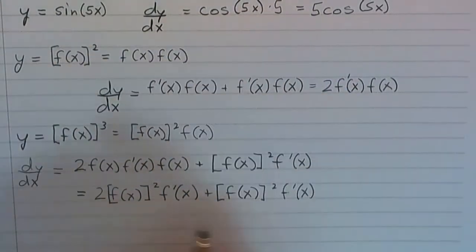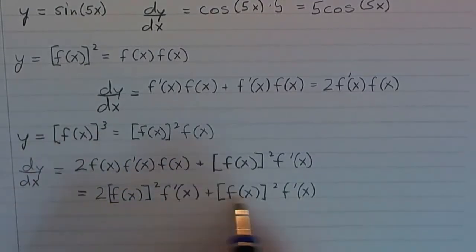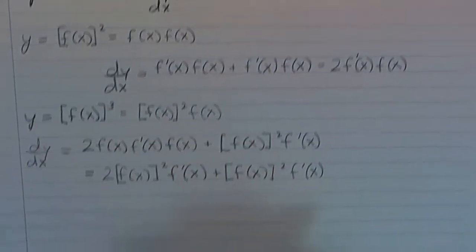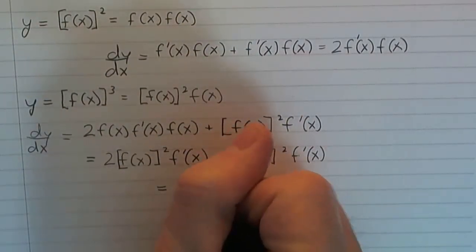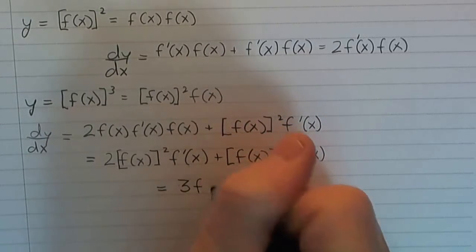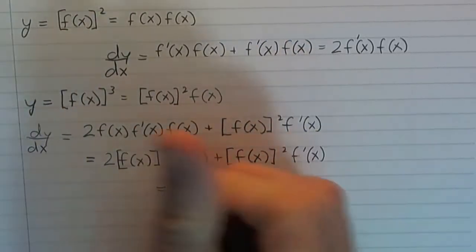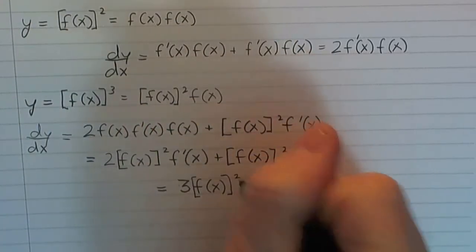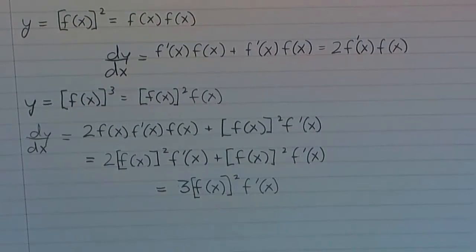These are the same, except I've got 2 here and 1 here. So the derivative is just going to be 3 f of x squared f prime of x.